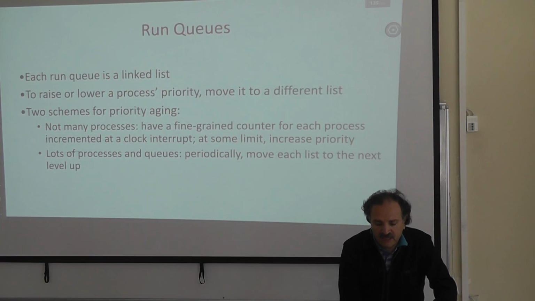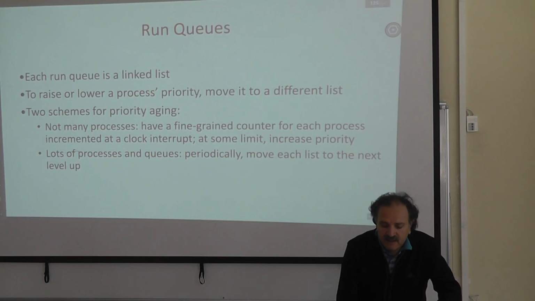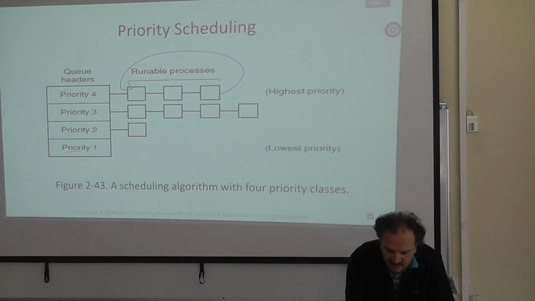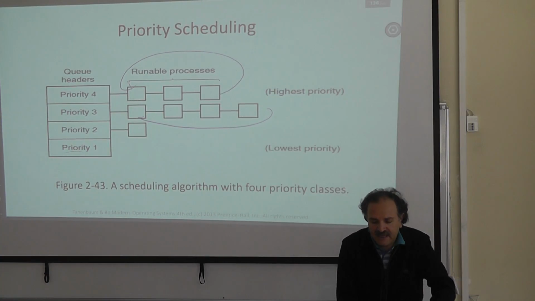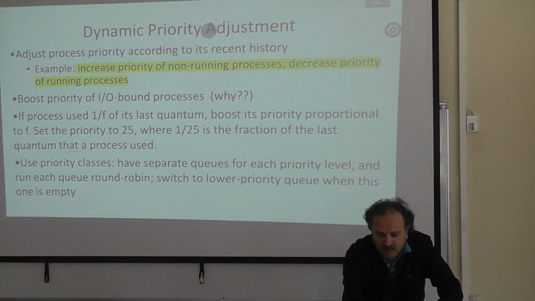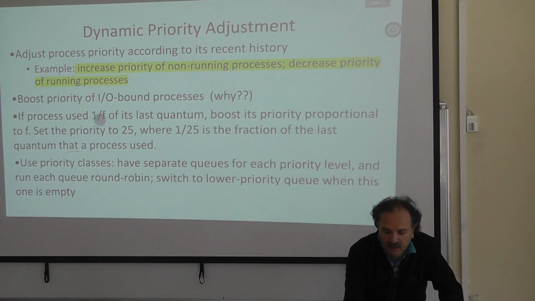So this is called run queues. Each queue is a linked list. Sometimes each is a linked list or circular linked list, because that way, when you are done with this one, you start with the beginning again. So when you do the priority adjustment, remember we increase and decrease the priority values using this kind of calculation.